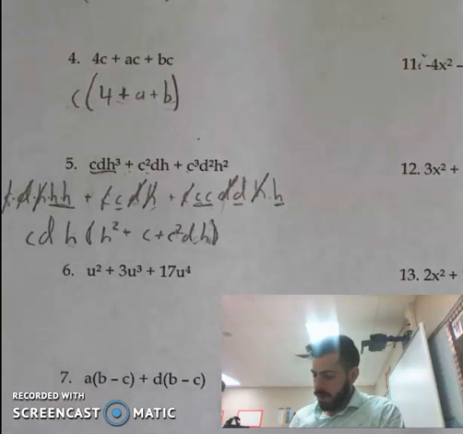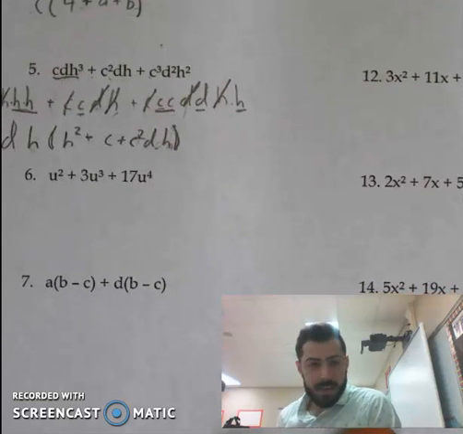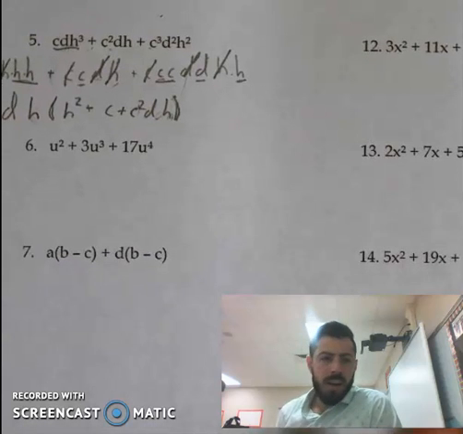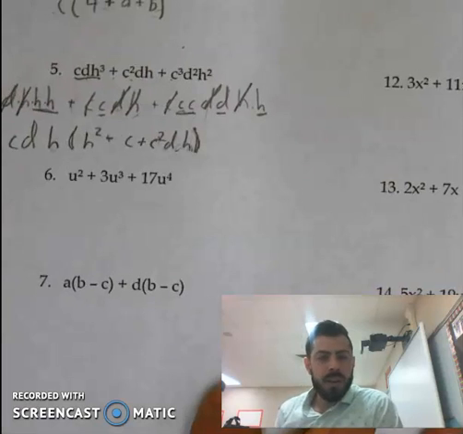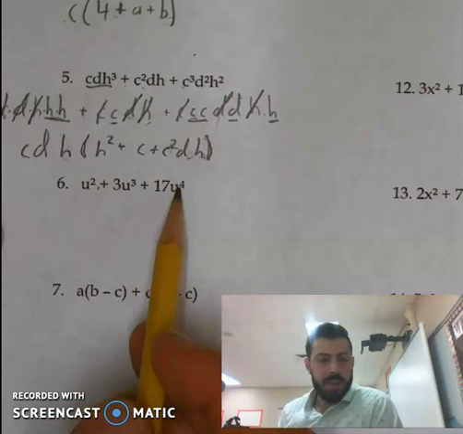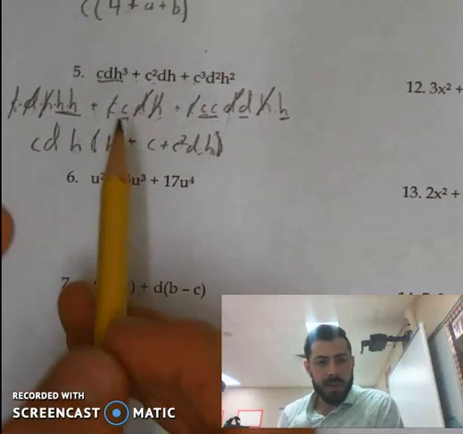All right. One more before this video ends, and then we go on to the next video. So number 6, this one's a special case as well. Here we have u squared plus 3u cubed plus 17u to the 4th. I'm not going to expand it like I did the first one.